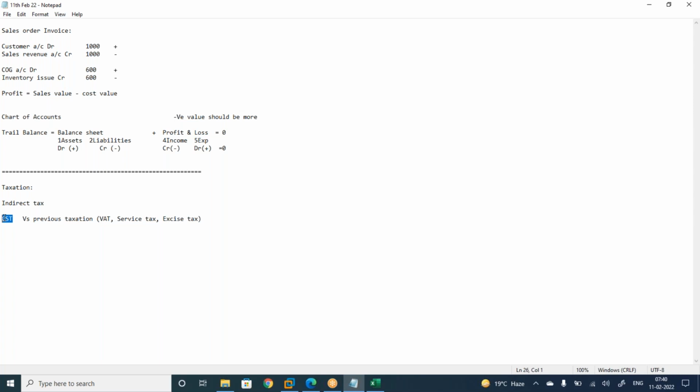When you are remitting it to the government, you have to pay whatever you collected, and you also have to file whatever you paid as part of your purchase, that is the input credit. So we will give you the refund, or we will adjust it against what is payable. That's why tax is collected at each value addition.